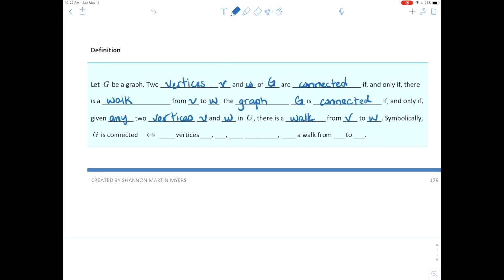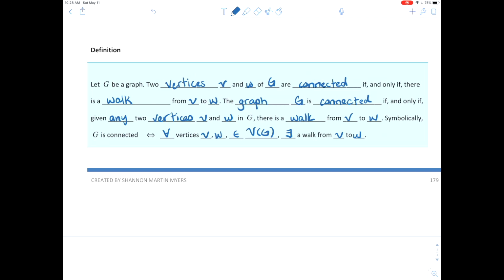Symbolically, G is connected if and only if for all vertices V and W that belong to the vertex set of G, there exists a walk from V to W.